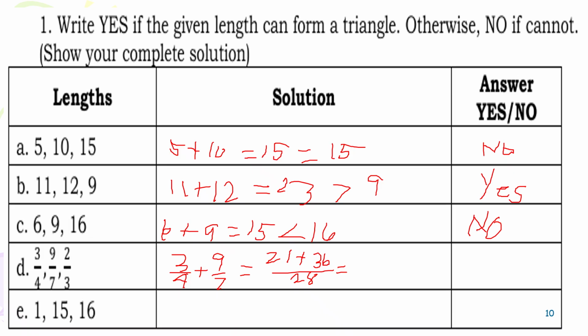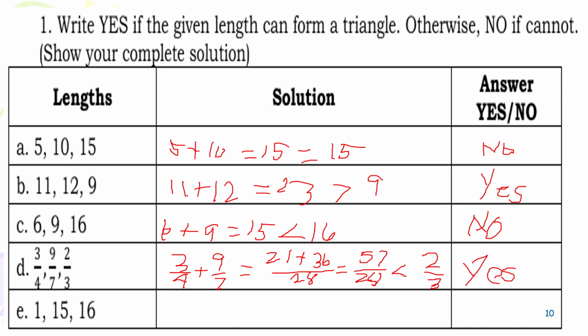That equals 57 over 28. And here, 57 over 28 is greater than 2/3. So here the answer is yes.